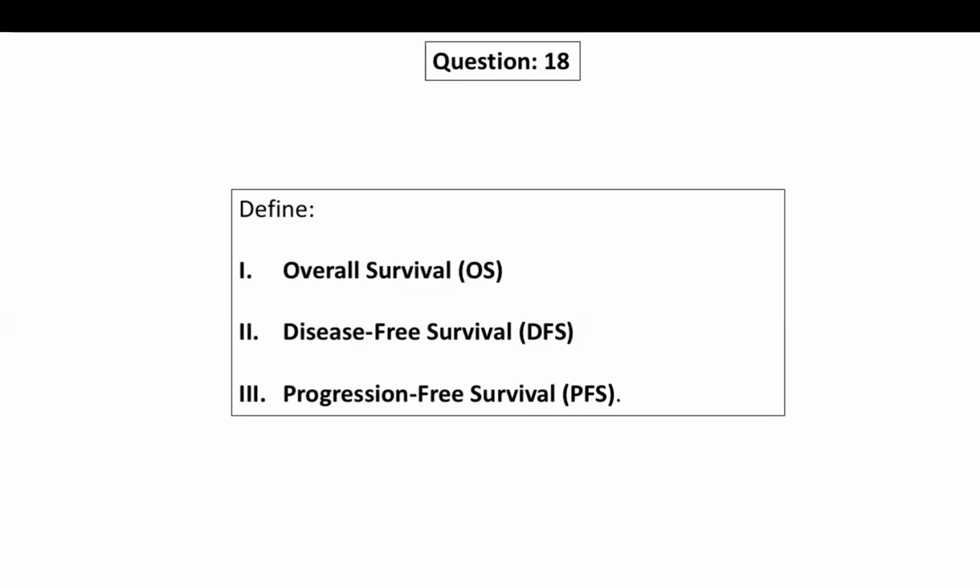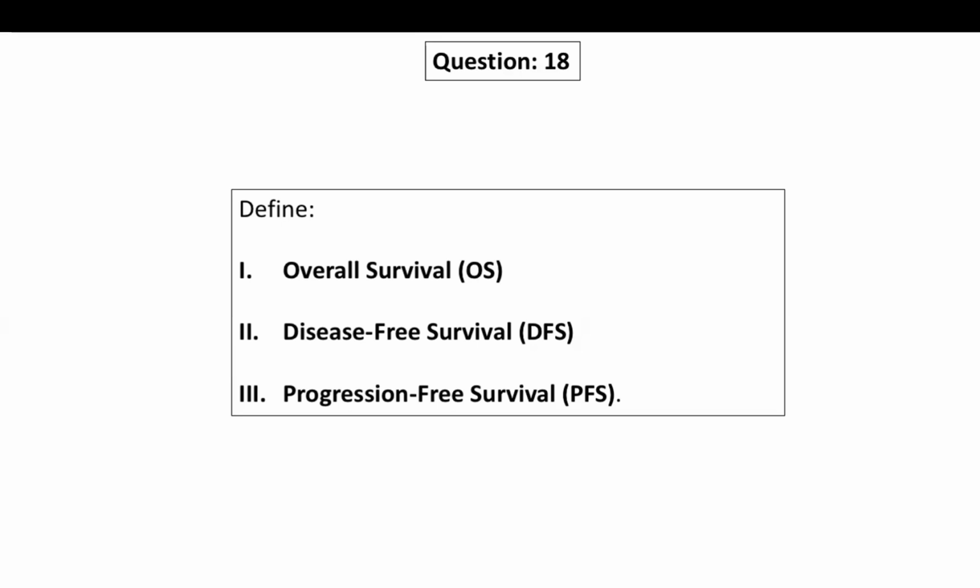Is there a difference between DFS and PFS? DFS is calculated after the treatment is completed, and PFS is calculated from the time of randomization. Actually, DFS is calculated in the curative or adjuvant setting, after completion of the whole surgery, chemo and RT.